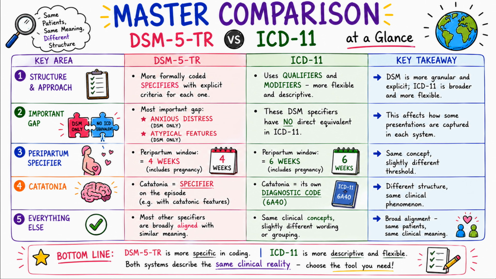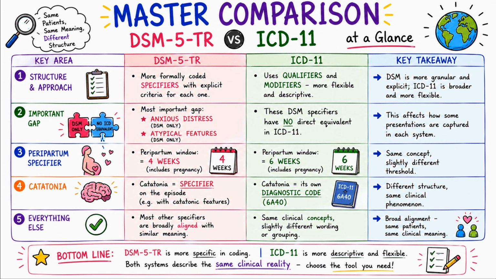DSM-5 TR has more formally coded specifiers. It's the more granular system. ICD-11 uses qualifiers and modifiers, and some DSM specifiers simply have no ICD-11 equivalent. The 2 biggest gaps. Anxious distress exists in DSM but not in ICD-11. You code anxiety separately there. And atypical features, also DSM only.